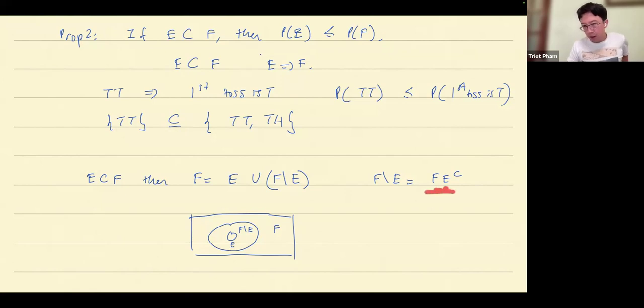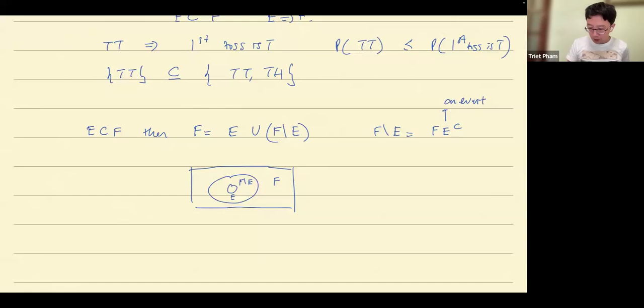Notice that, and this is a piece of pedantic argument, but you should have it there. E complement is an event because E is an event. F intersect with E complement is still an event because events are closed under intersection. In other words, I'm just saying that this is an event. Therefore, it's legal for me to apply probability on it. In other words, E and F but not E are 2 mutually exclusive events.